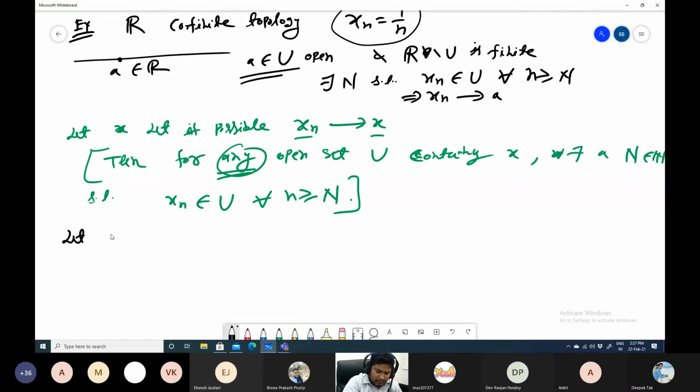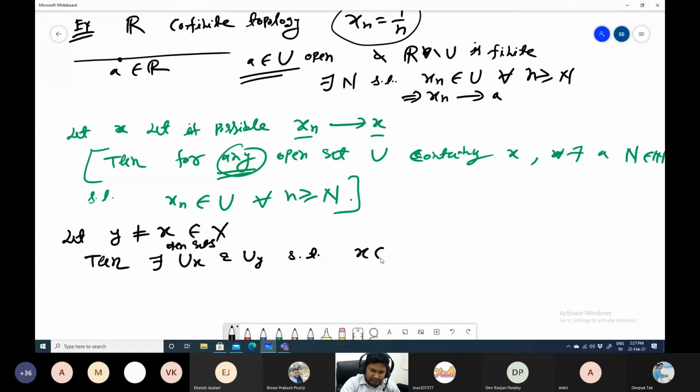Now let Y be any other point in the topological space X other than the element X. Then there exist open sets Ux and Uy such that X belongs to Ux and Y belongs to Uy, and Ux intersection Uy is empty.